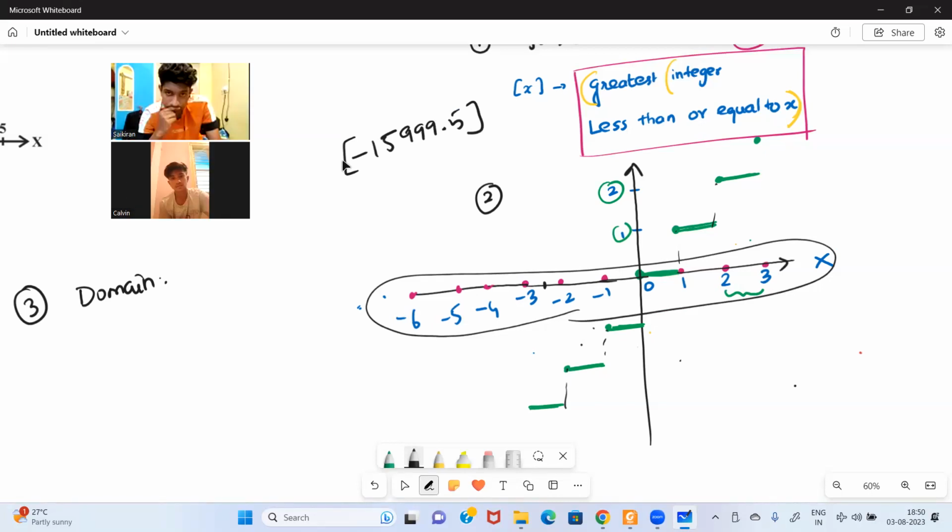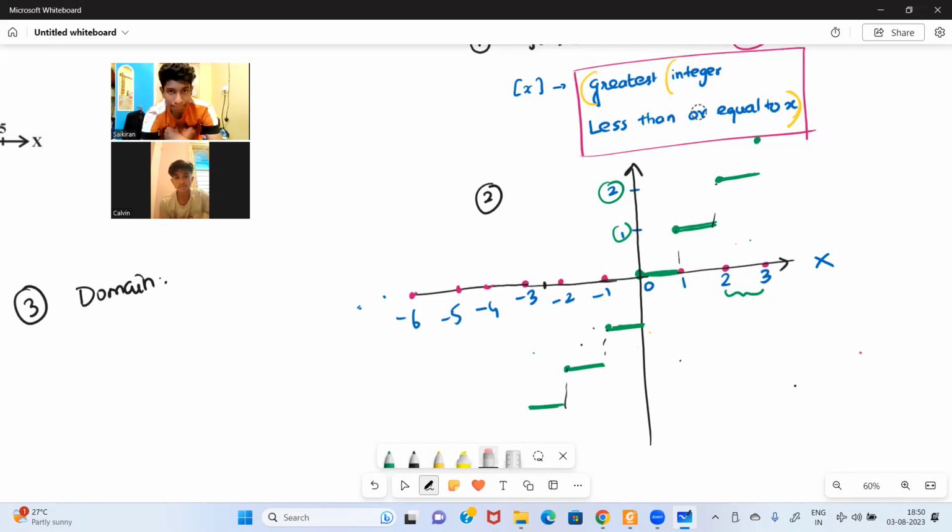So what I'm trying to say is, whatever value of x you can think of, everything has a valid y value, correct? Calvin? Now, domain you beautifully told, it represents the set of all admissible x values.